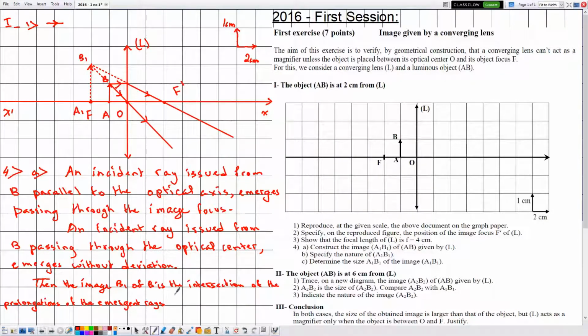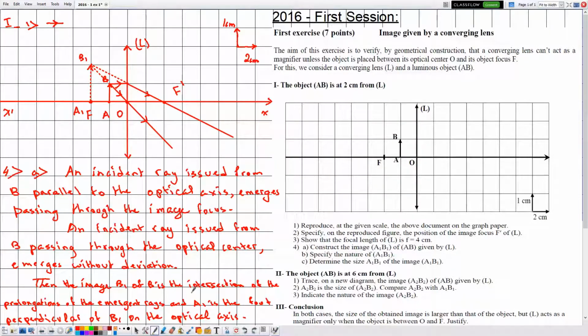And what does A1 represent? A1 is the foot perpendicular of B1 on the optical axis. So this is it for part A.